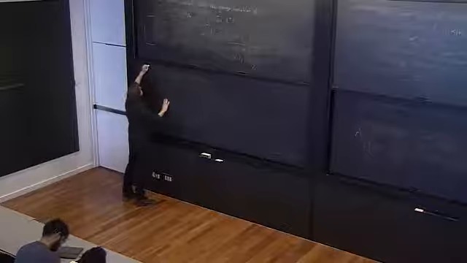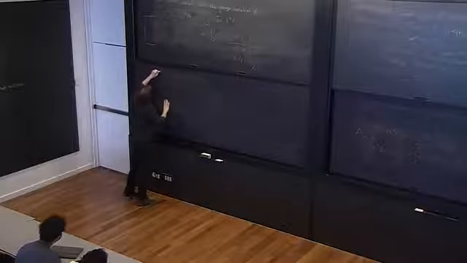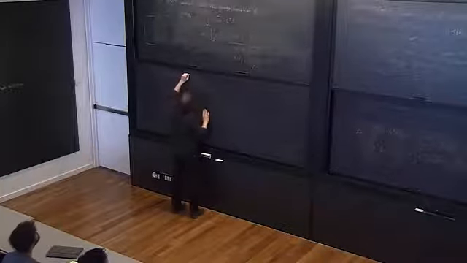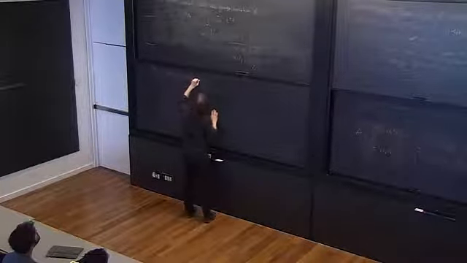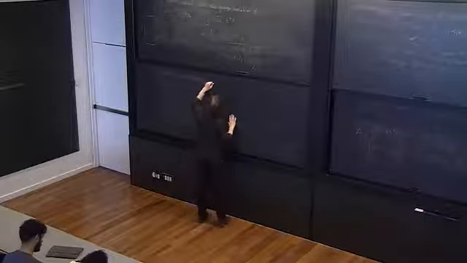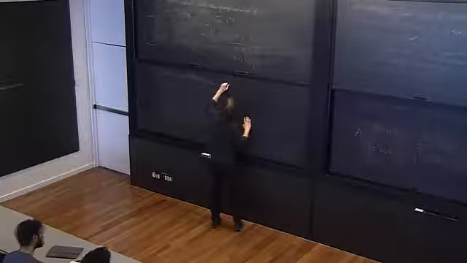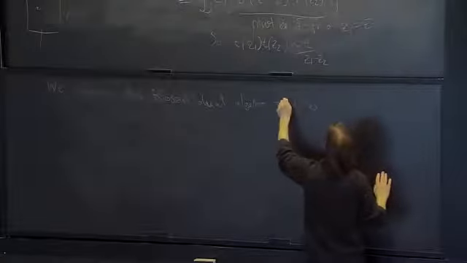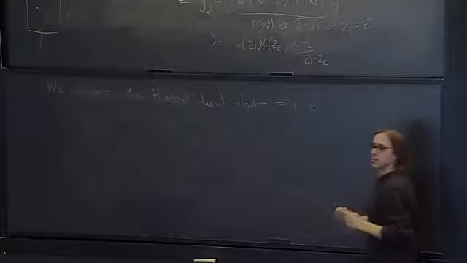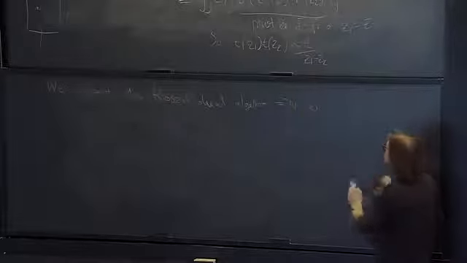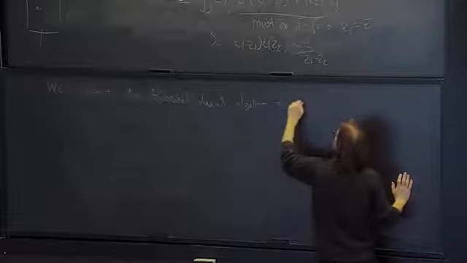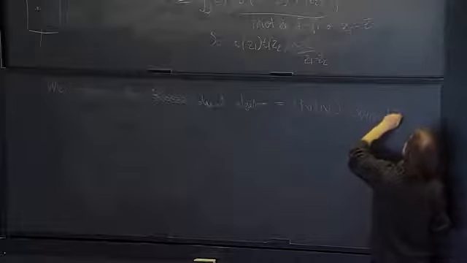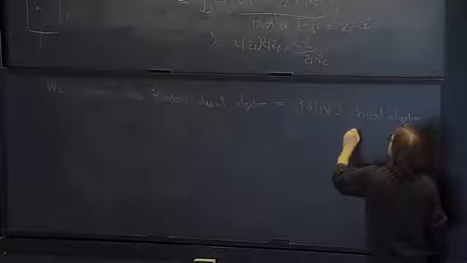So here we expect that this Koszul dual algebra is equal to the N equals 0 version, where I removed... like this, N over N, and then go to infinity.